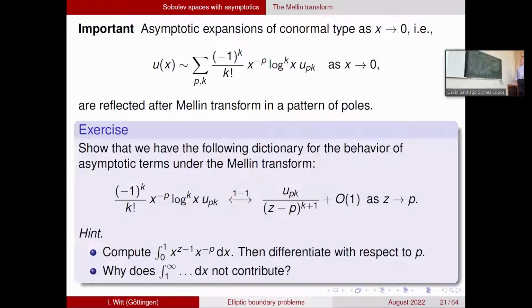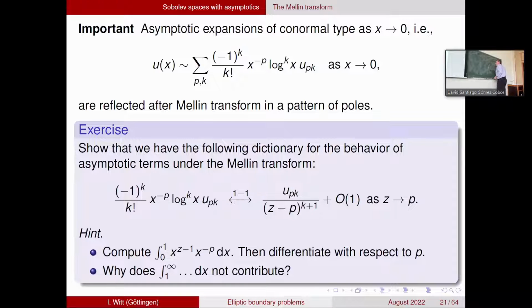And then we expect conormal asymptotics of this form. I will explain this combinatorial factor later. So we have x to the p, and for some reason I write minus p instead of p, and then we have certain logarithmic terms, and then coefficients, say complex numbers. And that is another nice exercise. If you have such an asymptotic term and you Mellin transform it, you can read off the asymptotics after the Mellin transform in a pattern of poles.